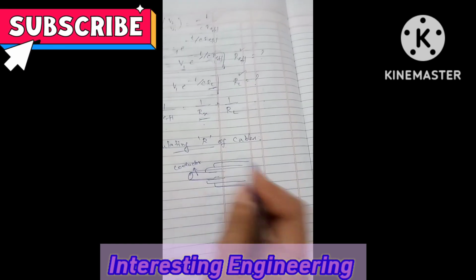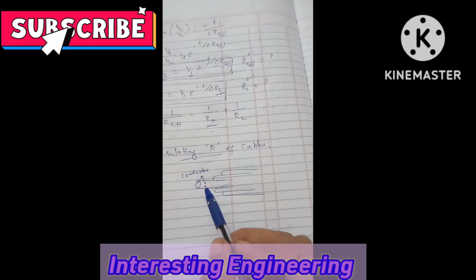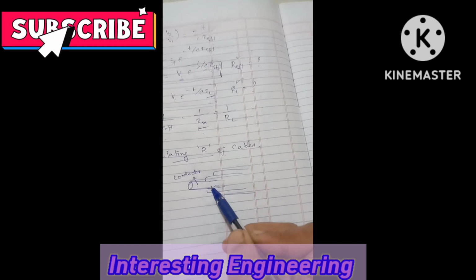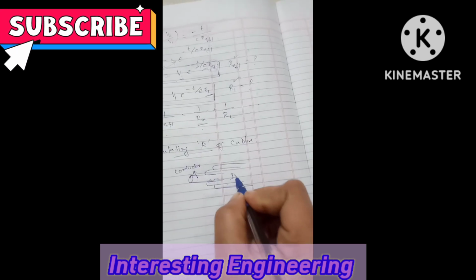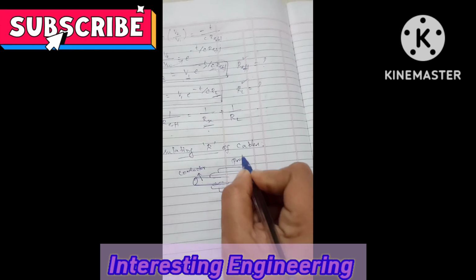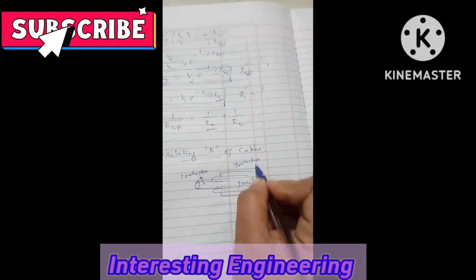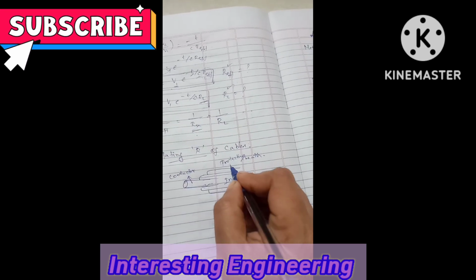So this is the structure of any cable. The conductor at the center is protected by means of an insulator as well as a protective sheath.